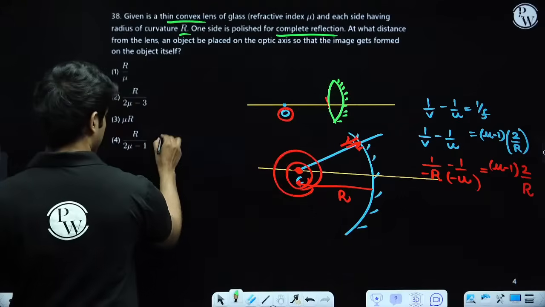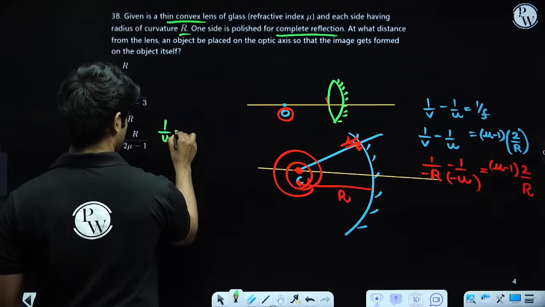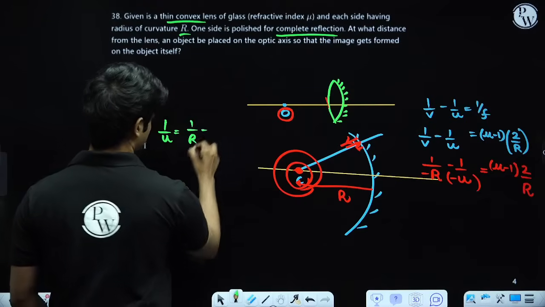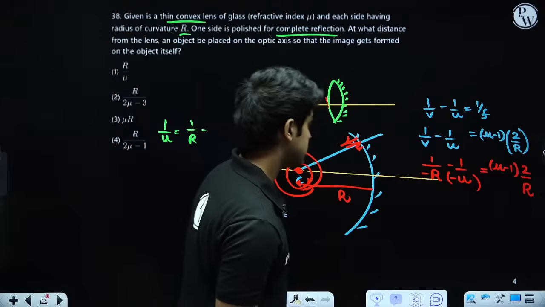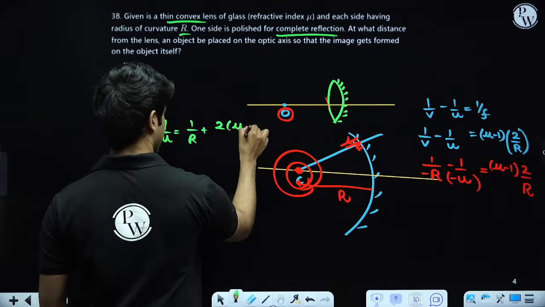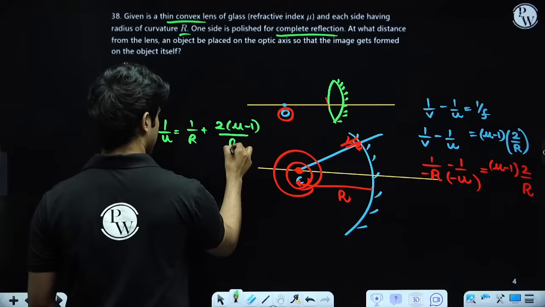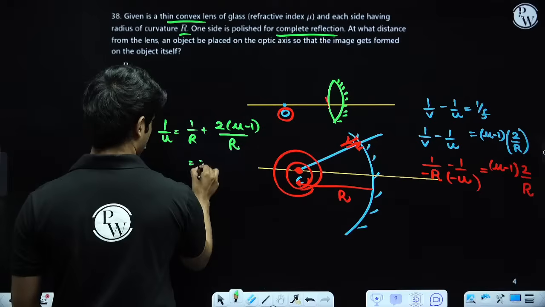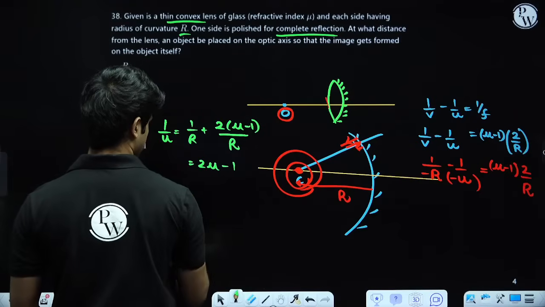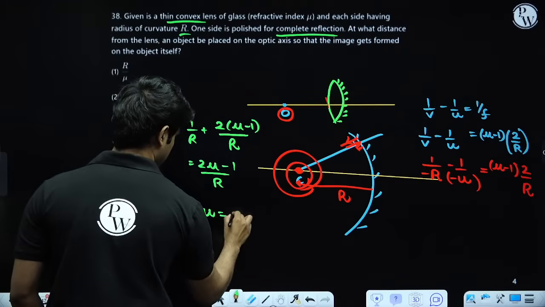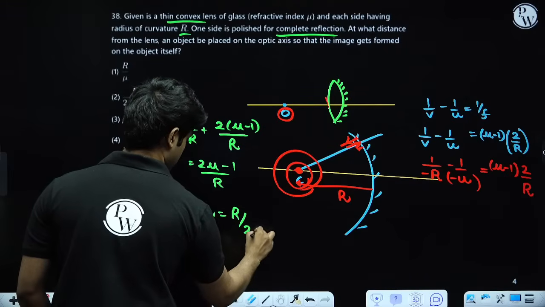So from here 1 by u turns out to be, so 1 by r, I'll take it to the other side, plus 2 times mu minus 1 divided by r. So we have 2 mu minus 2 plus 1, so 2 mu minus 1 divided by r. So we have the object distance as r divided by 2 mu minus 1.